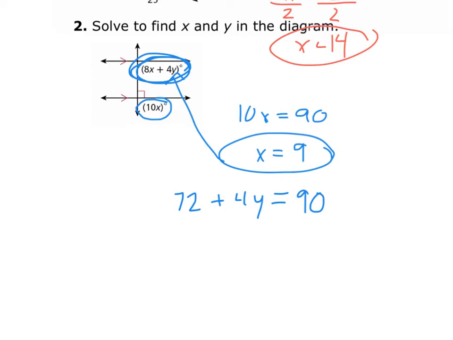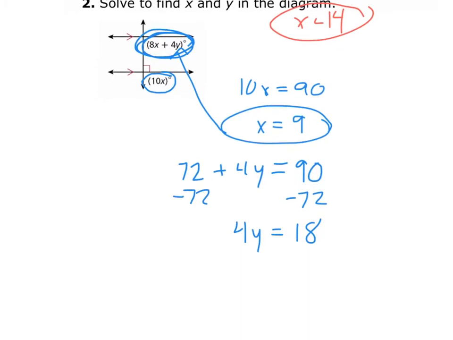Sophia Silvestre, how do we solve for y? So we get 4y is equal to 18. And then we divide by 4. Perfect. So we get y is equal to 4.5.